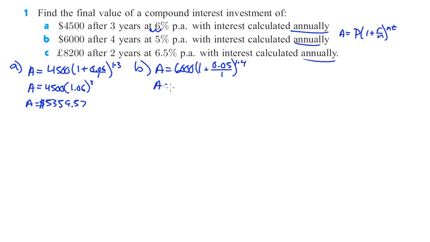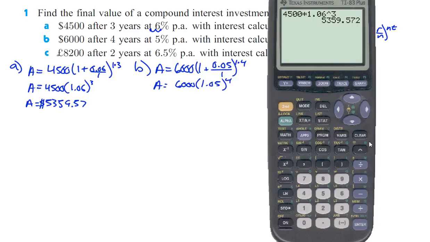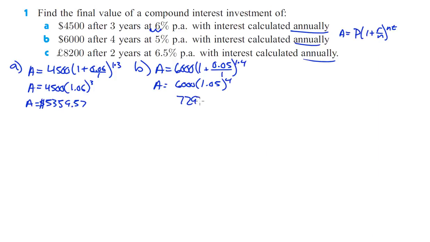So this is simply 6,000 times 1.05 to the fourth. Okay, so 6,000 times 1.05 to the fourth power gives us 7293.04. Okay, so that's what the amount will be after 4 years.